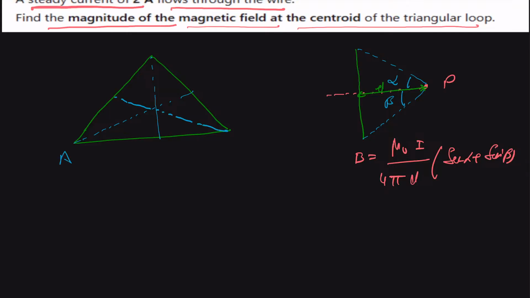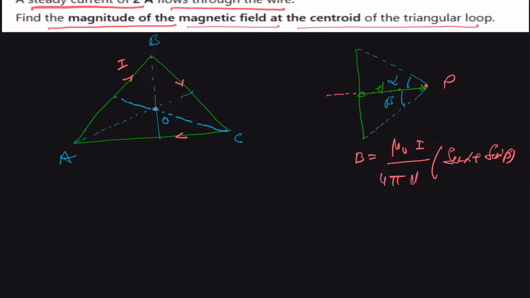Let us call this A, B, C, and this centroid let us call O. And the current direction, let us assume this is the current direction. Current is I, and current will be flowing in this direction. So obviously the direction of magnetic field for each wire at the centroid will be the same.